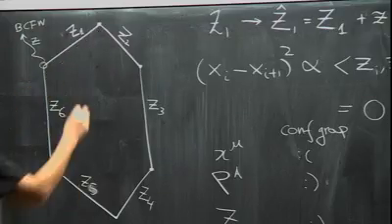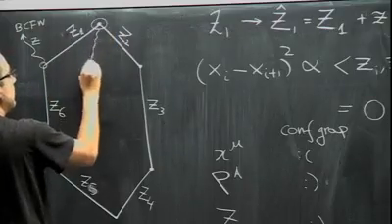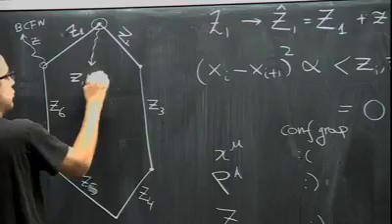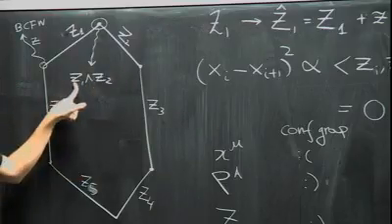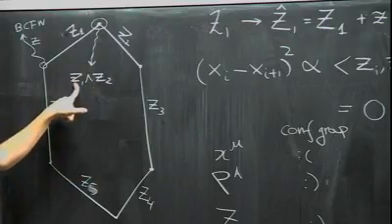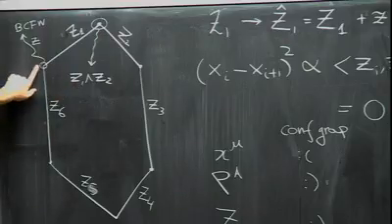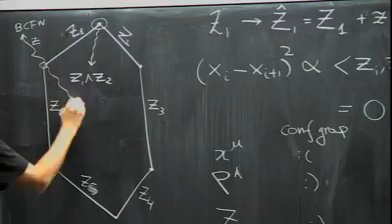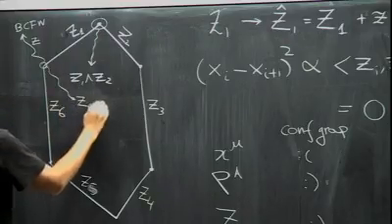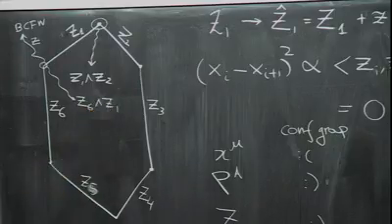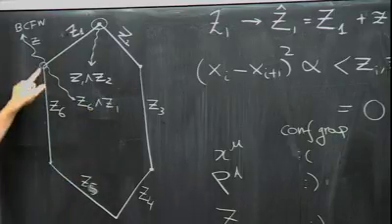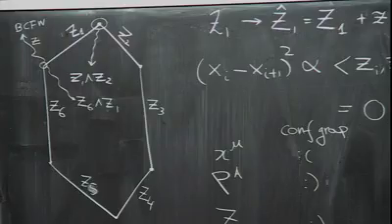Because what is this point here? Remember, this point is Z1 wedge Z2, which is antisymmetric. So if I add to Z1 a bit of Z2, this point is not moving. But this one is, because now this point here, that was Z6 wedge Z1, is moving a little bit. So I'm just moving this point here and nothing else.